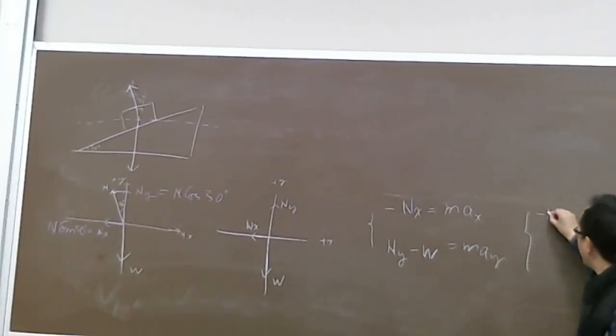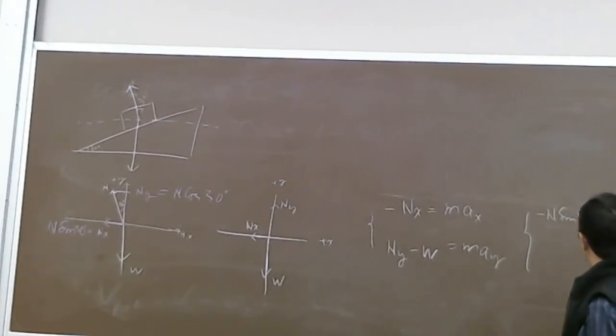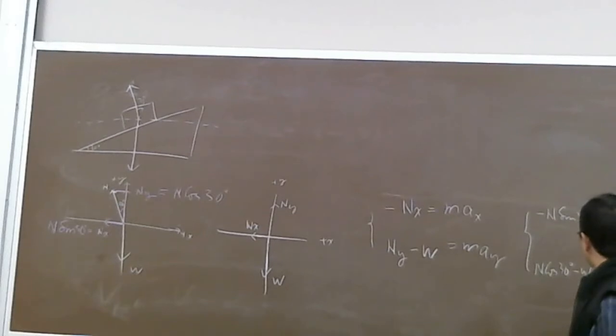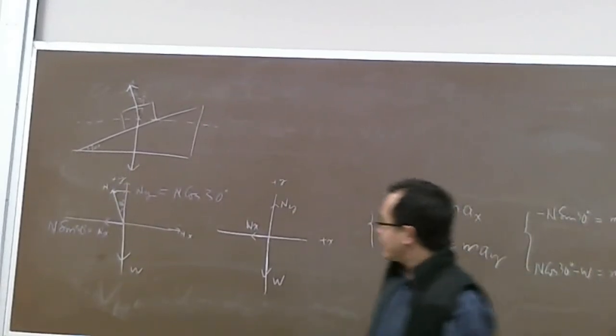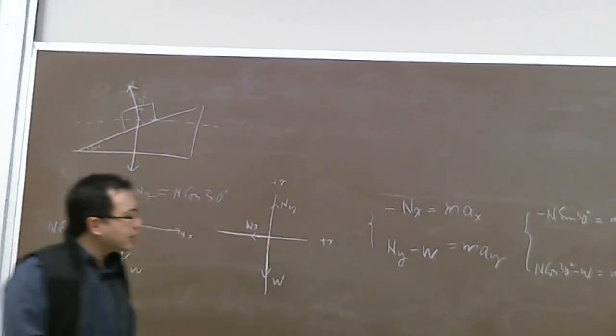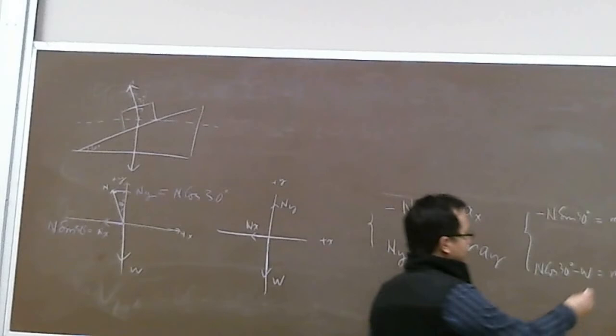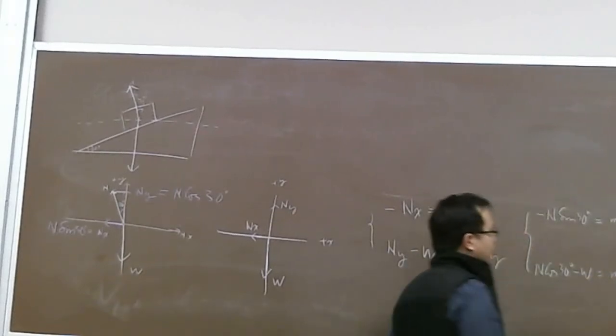So you get negative N multiplied by sine theta equals max. Here you have N multiplied by cosine 30 degrees minus W equals may. In this case, do you have any acceleration component equal to 0? Do you have ay equals 0?